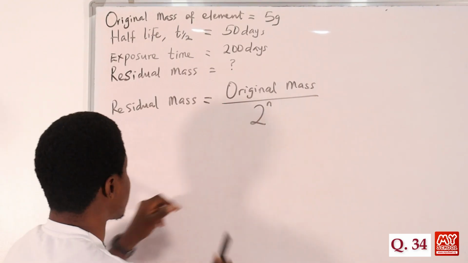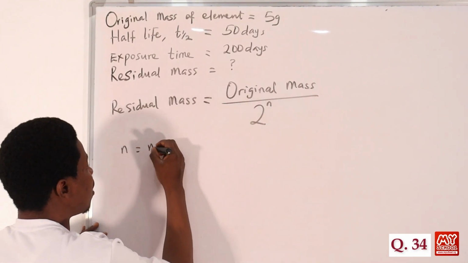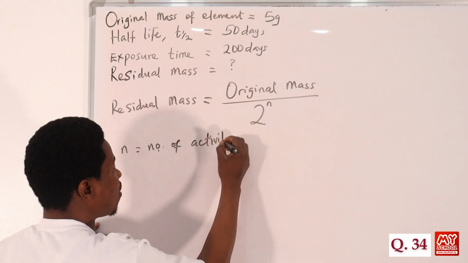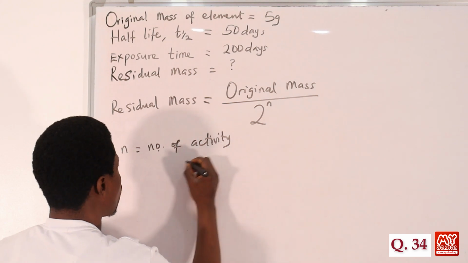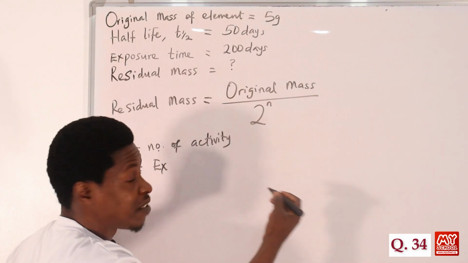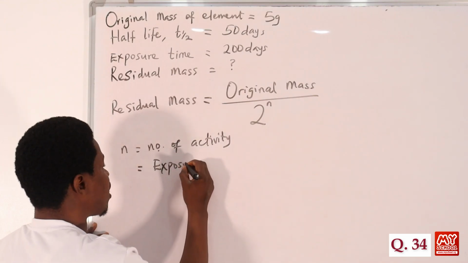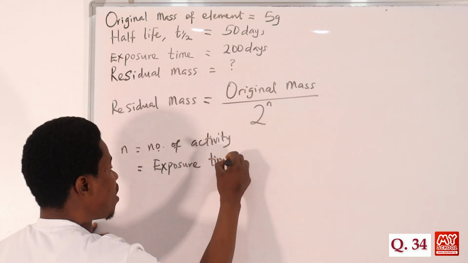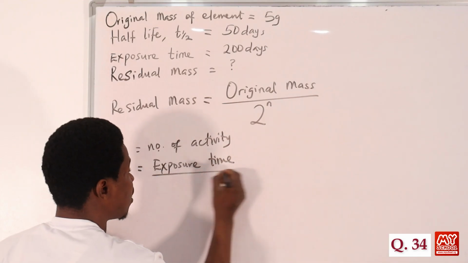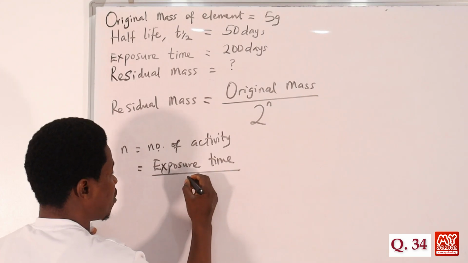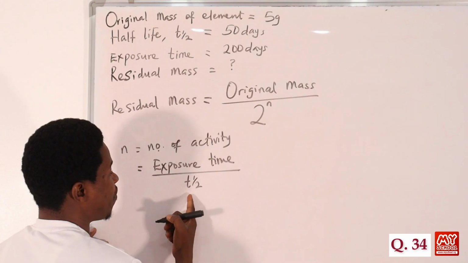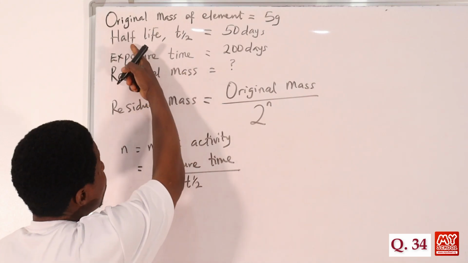But this n is the number of half-lives, and that is equal to the exposure time, because you might not be given the number of half-lives, all over the half-life. I've used T 1/2 for half-life instead of writing the long word.